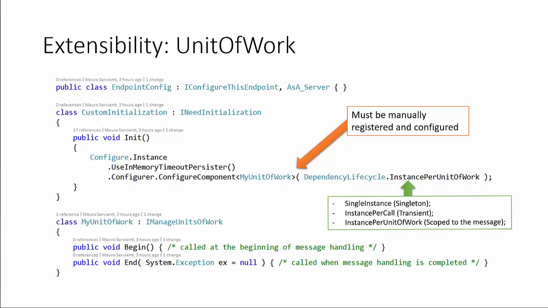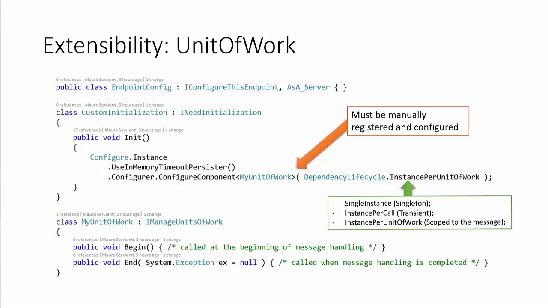The important thing that is true both for the manage unit of work, the IManageUnitOfWork implementation, and all the message mutators implementation is that, given the fact that they are registered into the internal or user-provided inversion of control container, they can rely on DI to work.